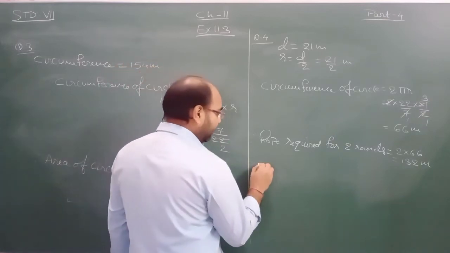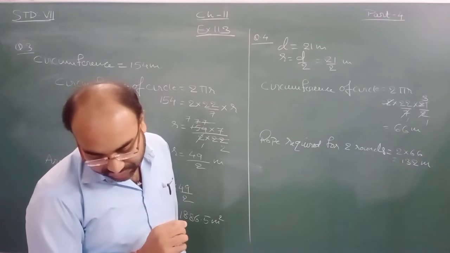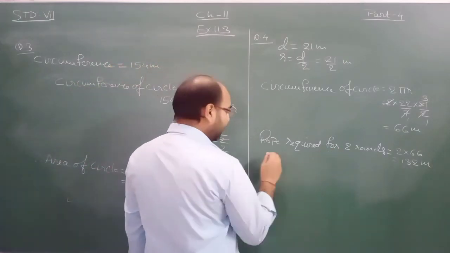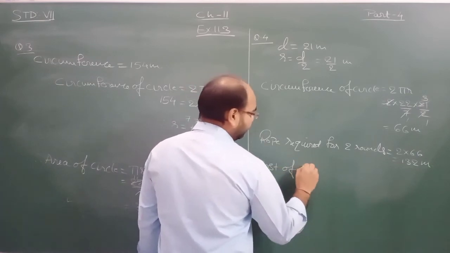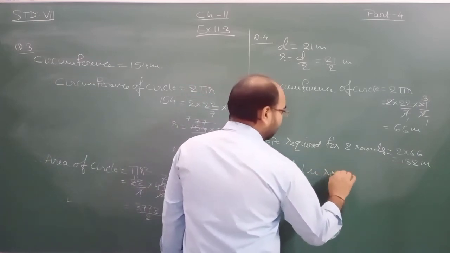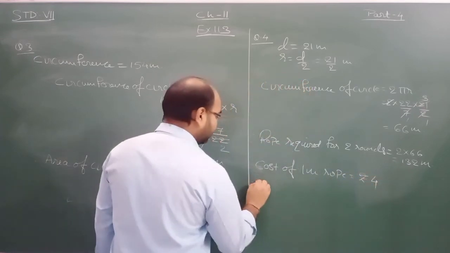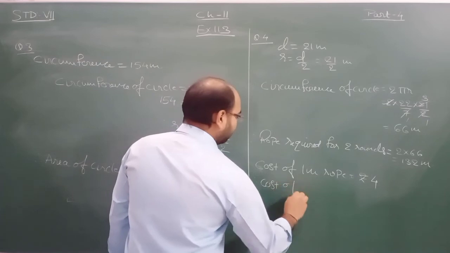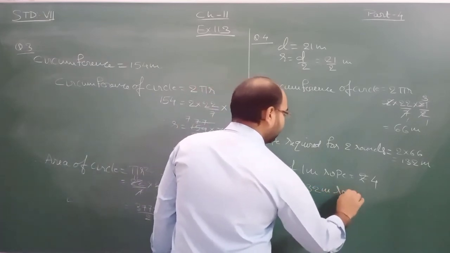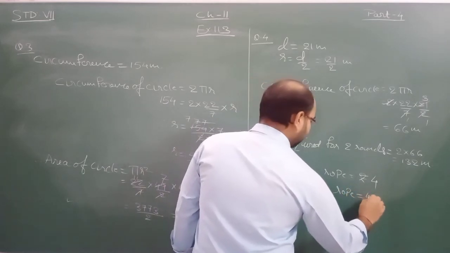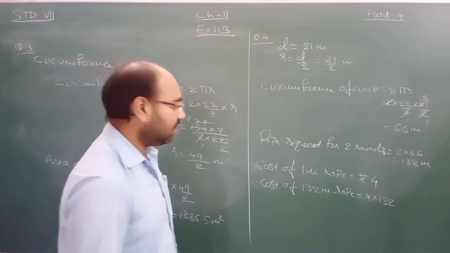Now the cost is being given. How much is the cost of 1 meter? 4 rupees. So how much will 132 meter cost? So what we write: cost of 1 meter rope is equal to rupees 4. Therefore cost of 132 meter rope will be equal to 4 into 132.